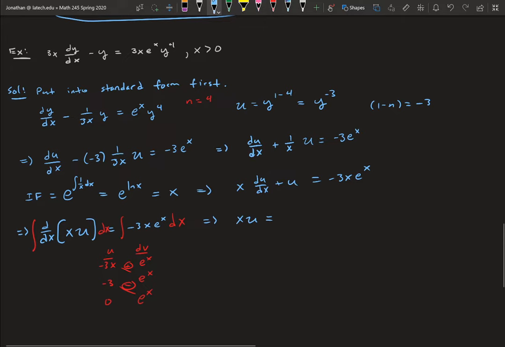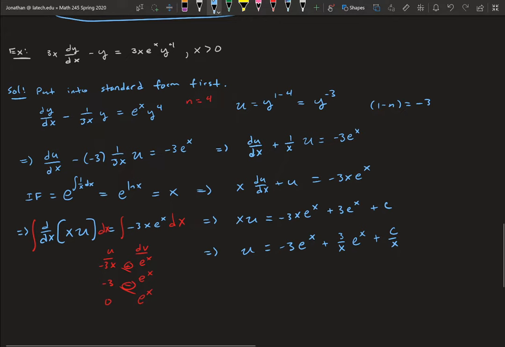This is going to be negative 3x e to the x plus 3 e to the x plus c. So then that tells us that u is equal to negative 3 e to the x plus 3 over x e to the x plus c over x.